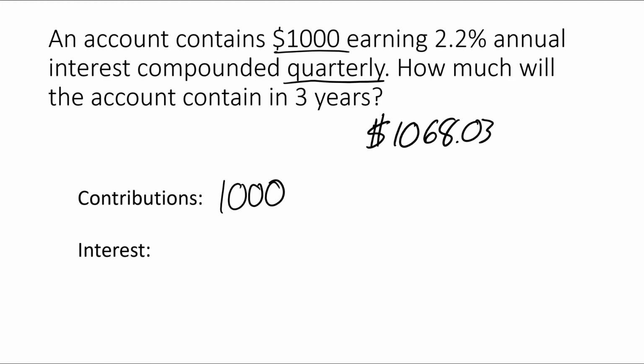If someone puts $1,000 into the bank and then 3 years later withdraws $1,068.03, then that person earned $68.03 because that is the amount of money the bank put in. The customer put in $1,000. The bank added $68.03 in interest, which gave us the final balance of $1,068.03. So it's a very simple subtraction problem.